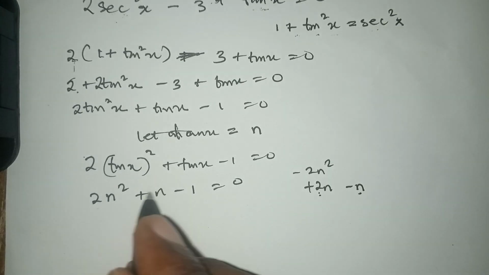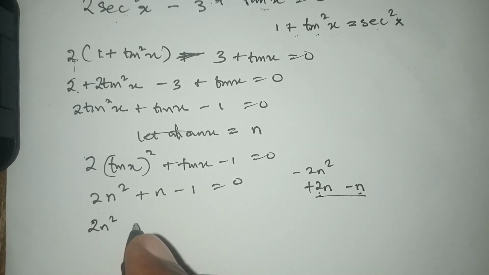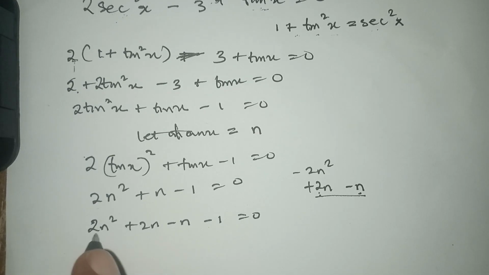So we replace this: 2n² plus 2n minus n minus 1 equals 0. So what's common here? 2n is common, so we open the bracket. What's left here? n, then plus 1.